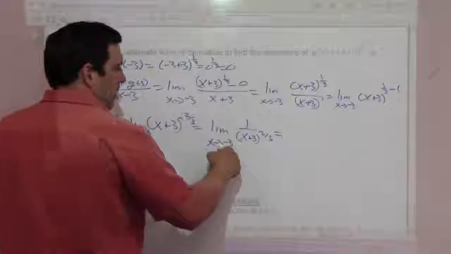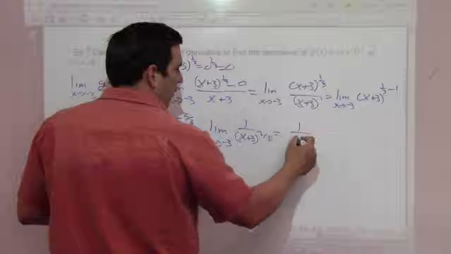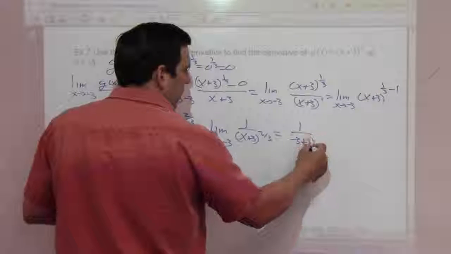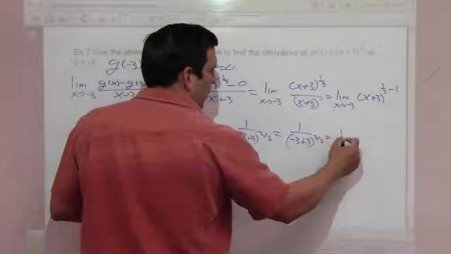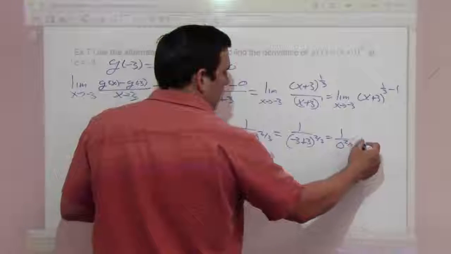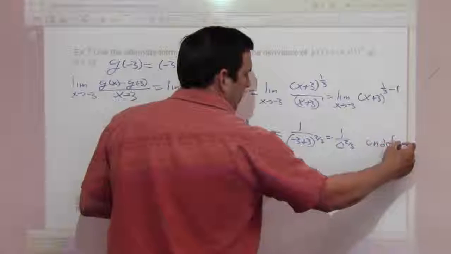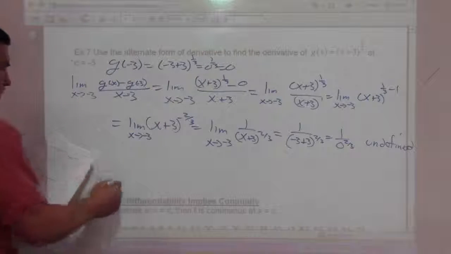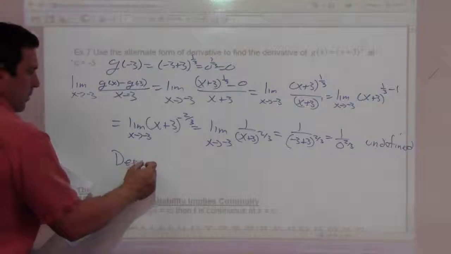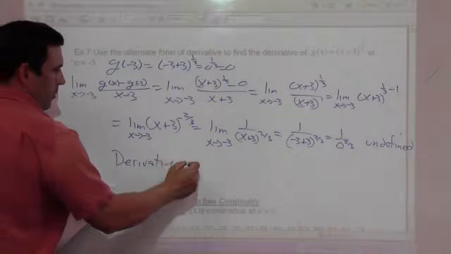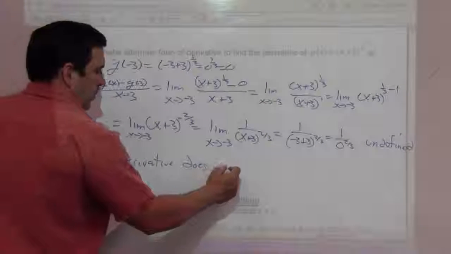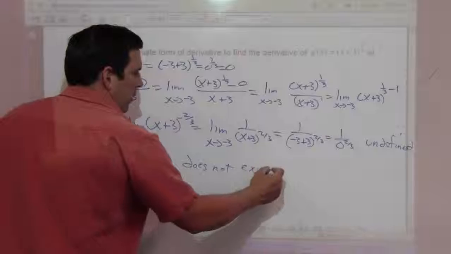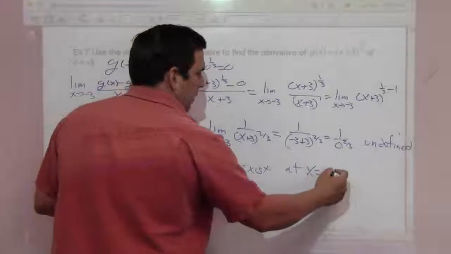Now if we apply this negative 3 in here, it's going to be 1 over negative 3 plus 3 to the 2/3, which is 1 over 0 to the 2/3, which is undefined. So the derivative does not exist at x equals negative 3.